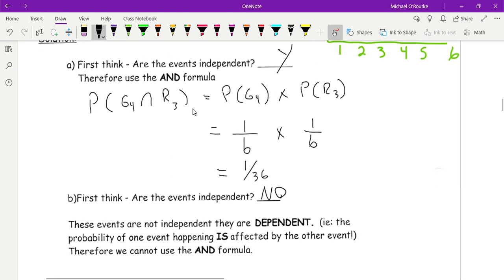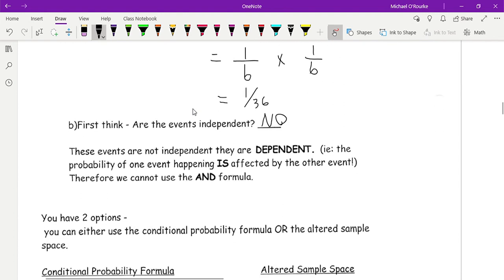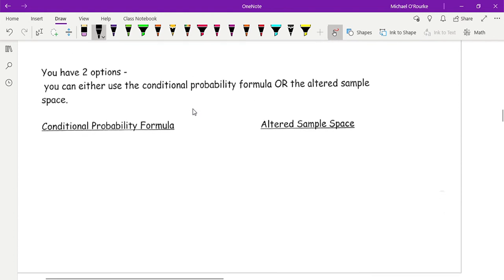So we're going to go back to our conditional probability. We have 2 options. I'll write this out here: the probability of the intersection of a green 2 and a sum of 3.